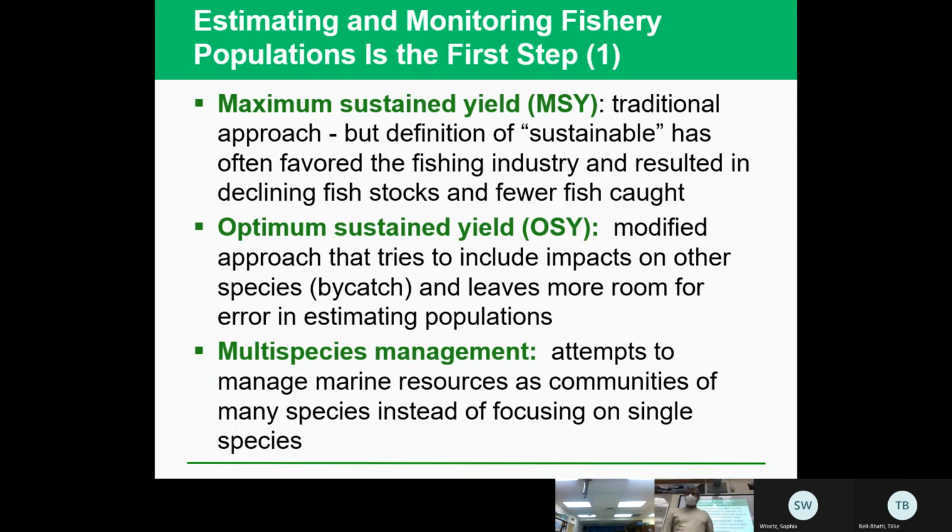It's a sustainable harvest, and it's the most that you can do. They would use it when talking about logging as well. How much of the forest can we cut down and have it grow back at the same rate that we're cutting it down?